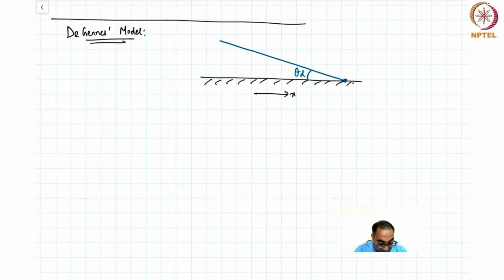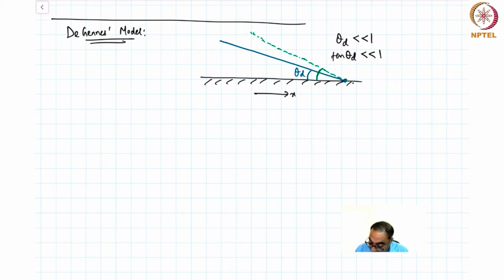Now we can actually further suppose that theta d is very, very small. So this is sort of a special case in which we are analyzing this model. We'll also say that if theta d is very small, tan of theta d is also very, very small. We'll also say that in the absence of any motion, the interface basically has a different angle.